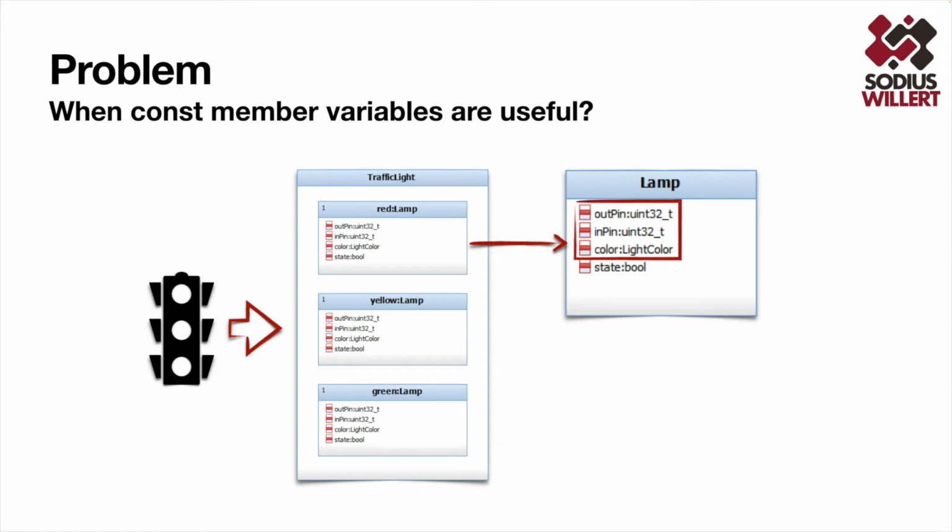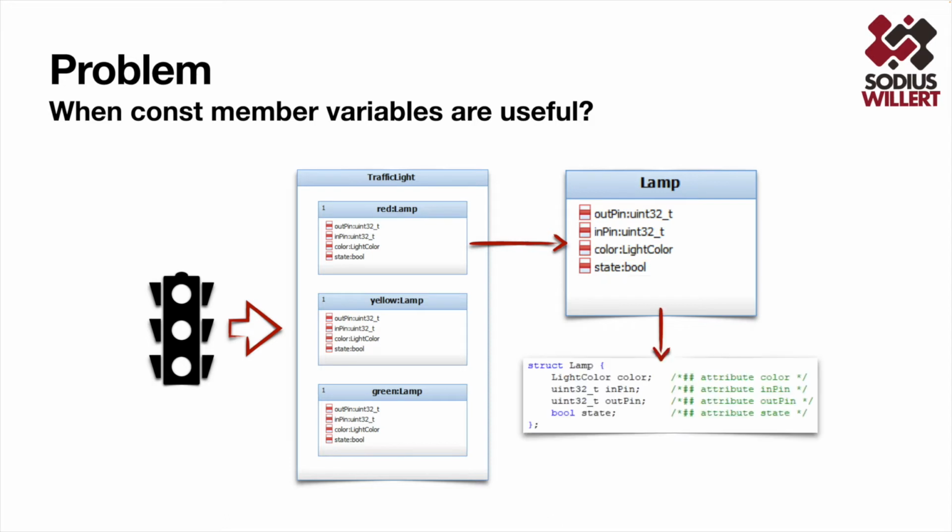If you now take a closer look at the variables of the lamp, you will quickly notice that outpin, inpin, and color are constant and only state changes at runtime. From code view, however, all four attributes are mapped equally within the class structure and land with an initialization together in the RAM.